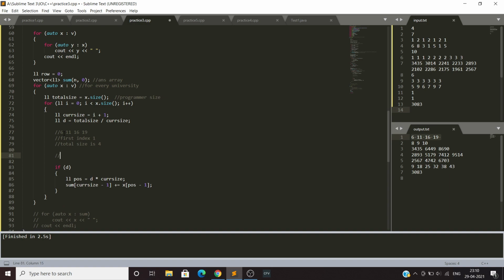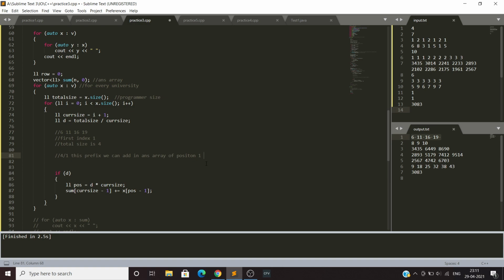So for the first index, the number of programmers we can add in the answer array is 4 divided by 1, and this prefix we can add in the answer array at position 1.